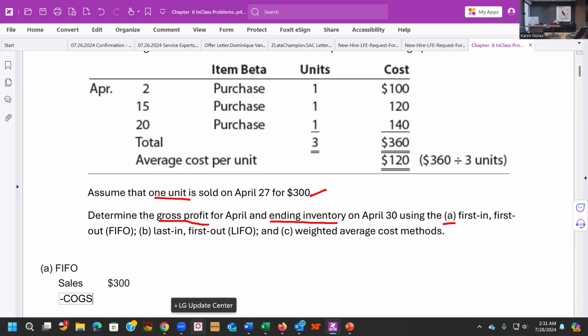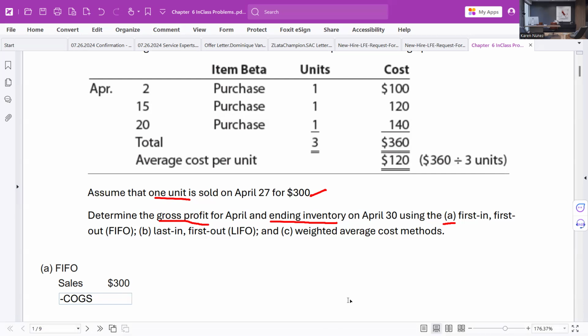And what is that? Well, the cost of goods sold is the cost of the unit that we've sold. We only sold 1 unit. And under the FIFO method, we're going to assume that the first cost in is the first one out to cost of goods sold. That's the $100, right?